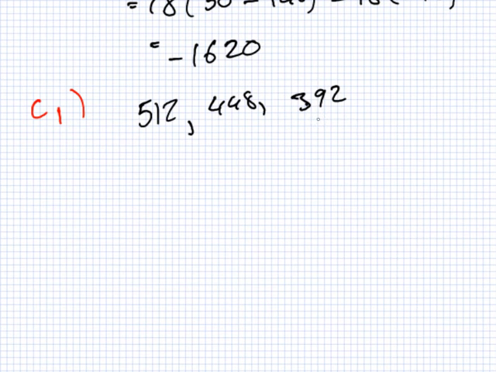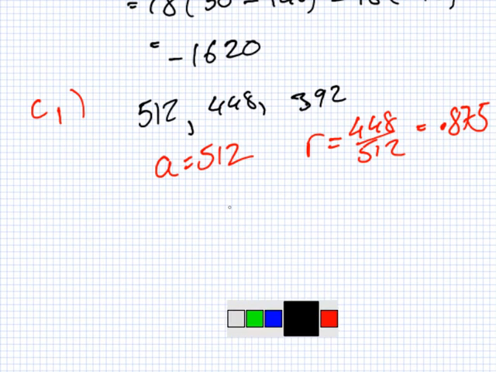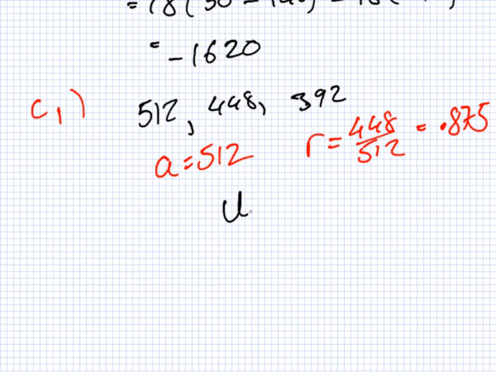So, you have here A equals 512 and R equals 448 over 512, so 0.875 is what you get. Right, so you want to know when will Un be less than 1?